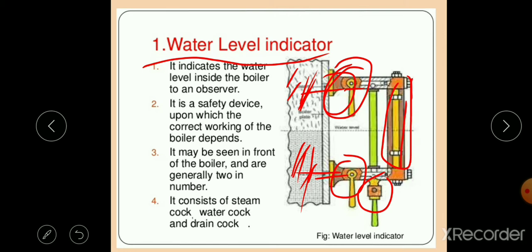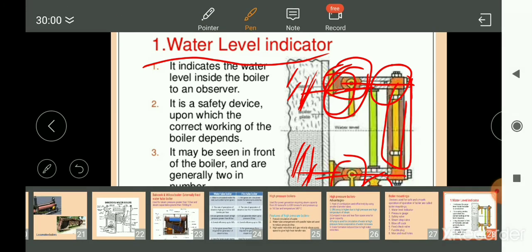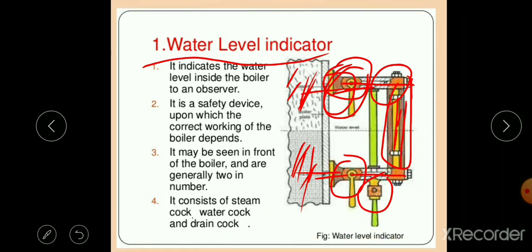If this glass tube breaks, there are balls provided that will pass here and will not allow the water and steam to pass. So if the glass tube breaks, it is closed by the balls provided that come to this end.